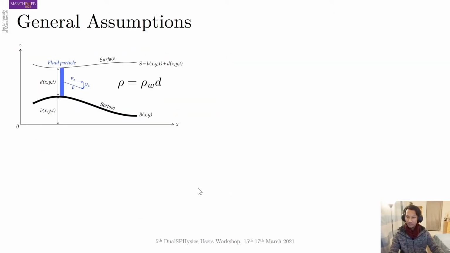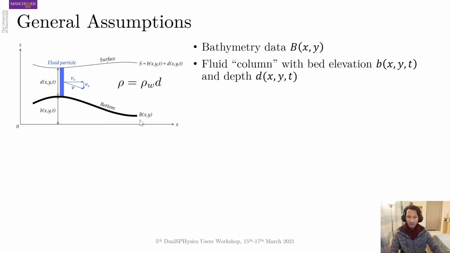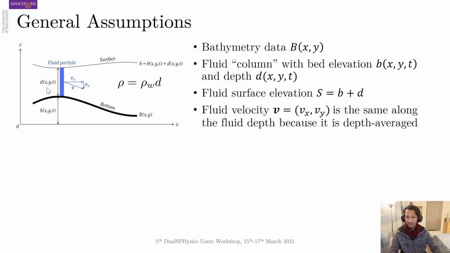For the formulations, I will start with some general assumptions. So we have bathymetry data here in the picture on the left, and on top of that we have the fluid column with the bed elevation B and depth D, and the fluid surface is simply B plus D. Each fluid particle has a velocity in 2D, in the x and y direction.